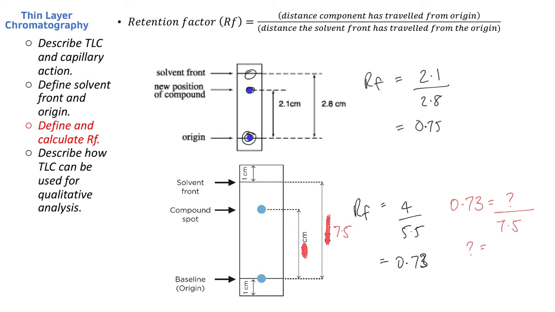So we would rearrange that equation as 7.5 times 0.73, which is equal to 5.45 centimeters. This will have a unit because it is how far it has traveled. So you can rearrange those equations to work out how far components have traveled or how far solvent fronts have traveled as well.